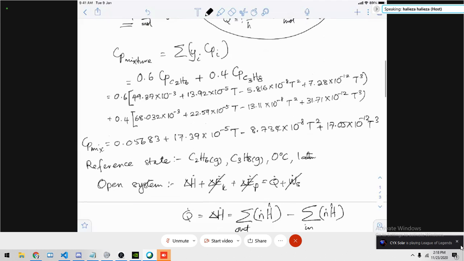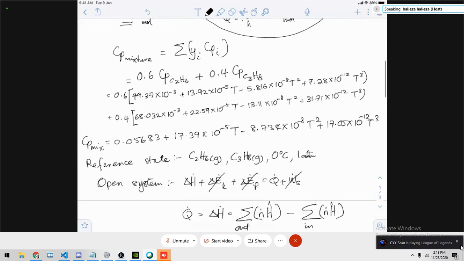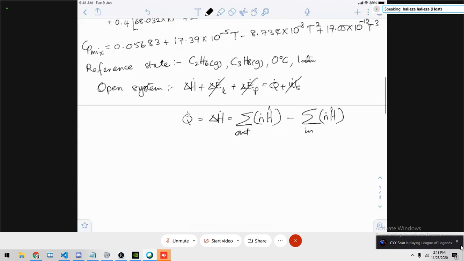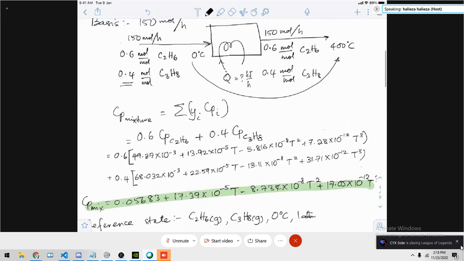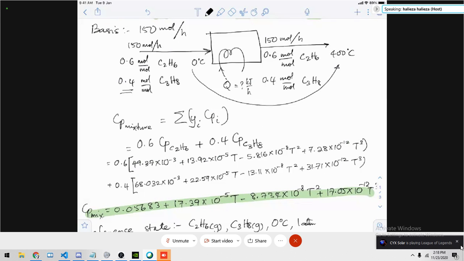So we're going to use the first method, which is using the heat capacity of that mixture. My heat capacity of that mixture will be the same for the inlet and the outlet because they are both the same mixture.